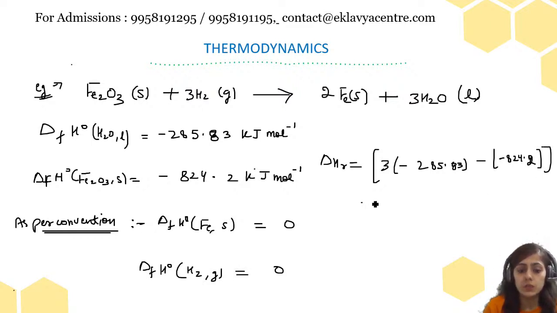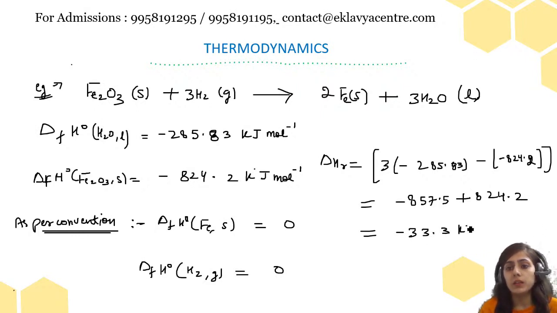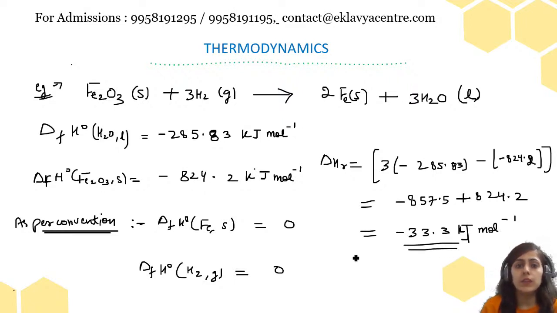On solving this, you will get minus 857.5 plus 824.2, which is equal to minus 33.3 kilojoule per mole for this reaction.